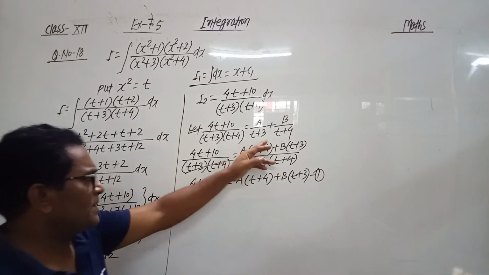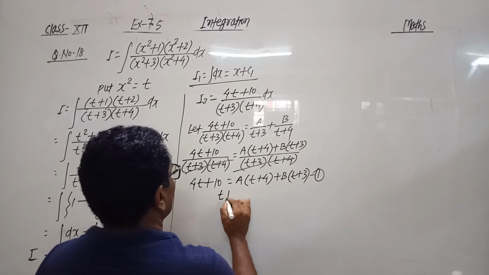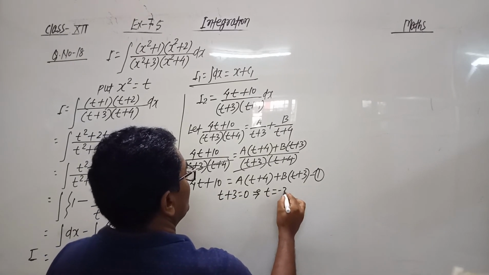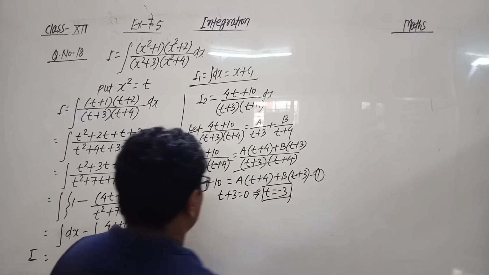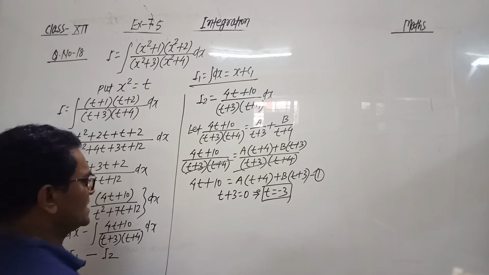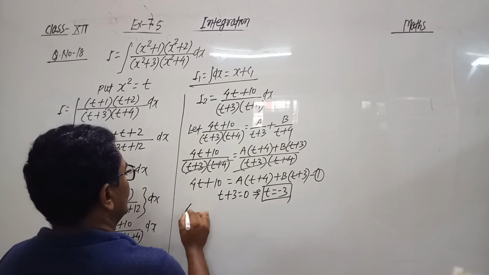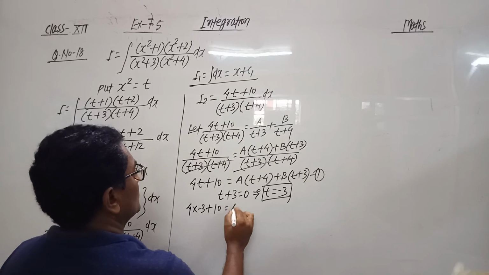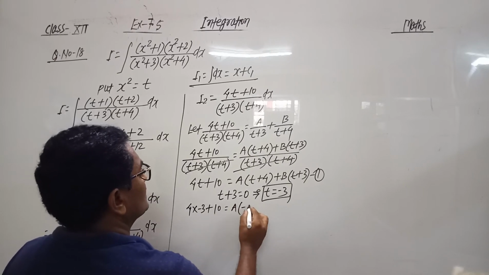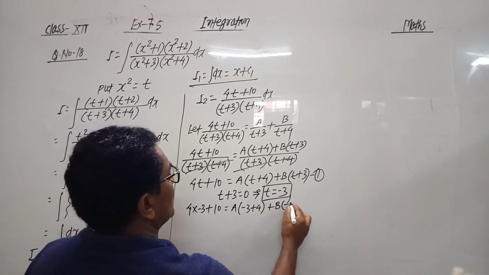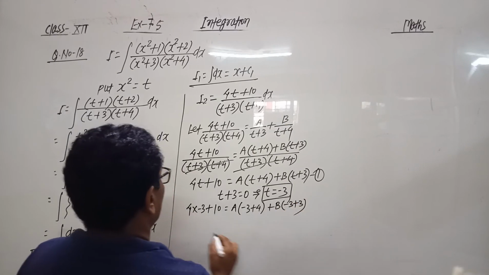Then we put t plus 3 equals 0 and find the value of t. The value of t comes to be minus 3. Put t equals minus 3 on both sides. So 4 into minus 3 plus 10 equals A into minus 3 plus 4 plus B into minus 3 plus 3.